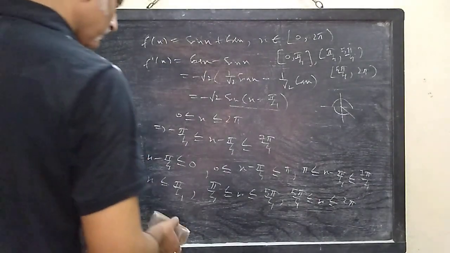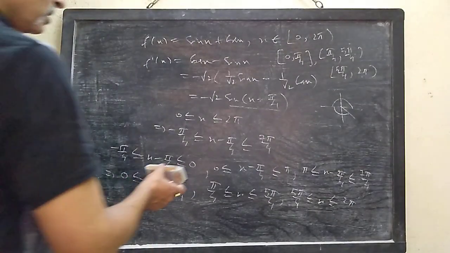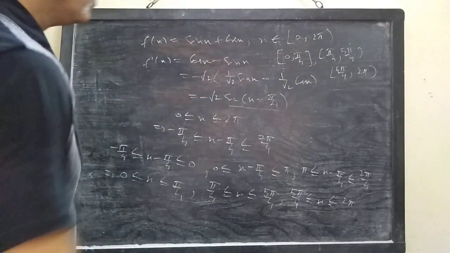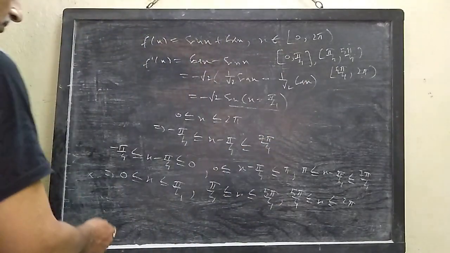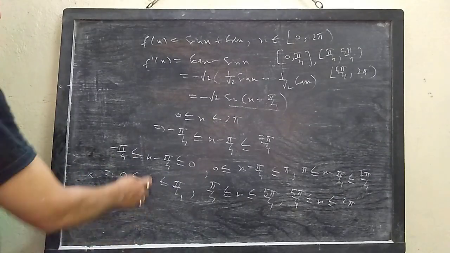Now follow. When x belongs to 0 to pi by 4, then x minus pi by 4 belongs to minus pi by 4 to 0. So here the sign is negative.